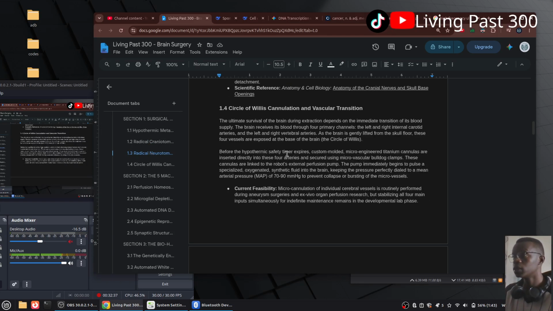Okay, so yeah, that's it. Circle of Willis cannulation, vascular transition. The brain gets its blood supply through the four primary channels.